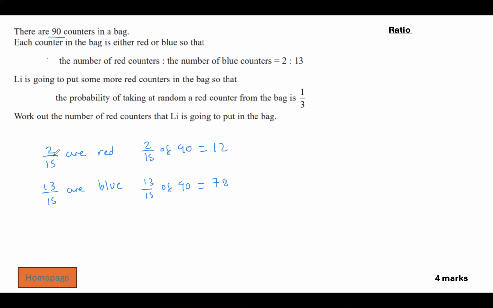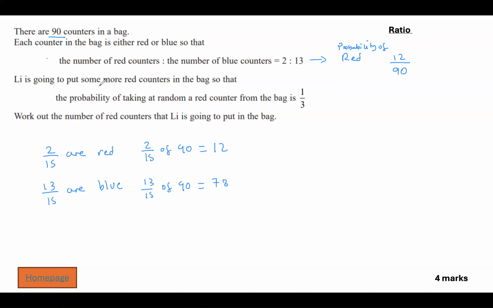Okay, so currently the probability of red is 12 out of 90.